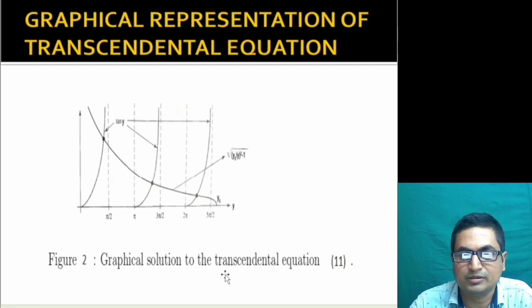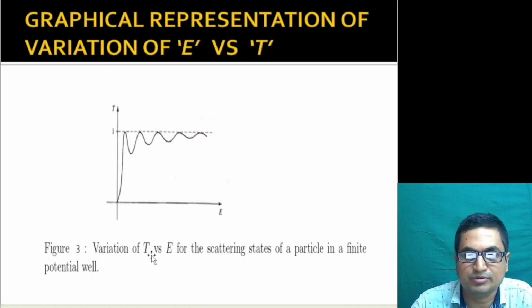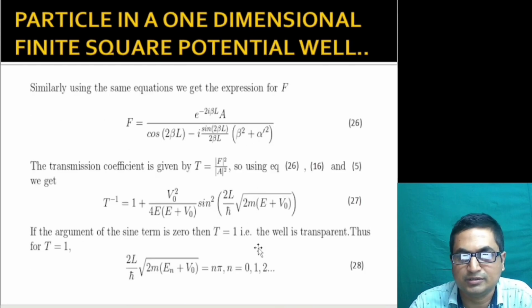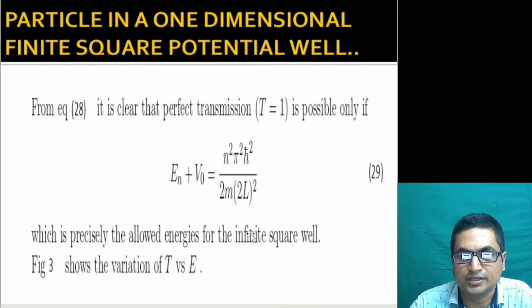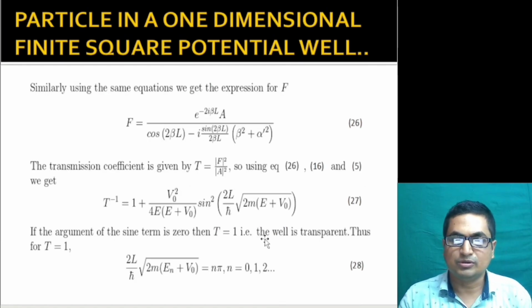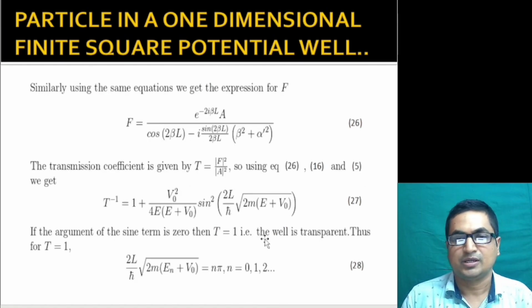This is the graphical representation for the transcendental equation 11, where the intersecting points are very important regarding the determination of the value of y naught and the condition for allowed energy states. And this is the variation of the transmission coefficient with respect to energy for a scattering state, which was just discussed using equation 28 or 29.